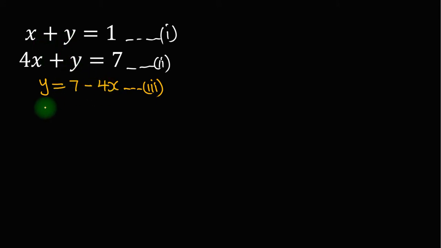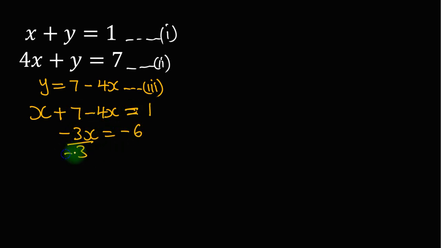So in the first equation, x plus y, but y is 7 minus 4x, will be equal to 1. Therefore from there, x minus 4x will be minus 3x, which will be equal to 1 minus 7, which is minus 6. Divided through by minus 3, we end up getting x is equal to 2.